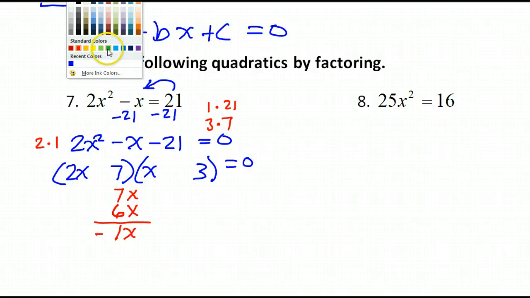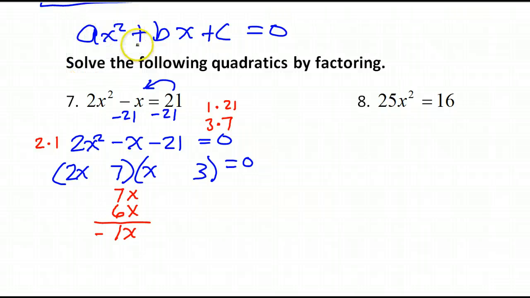I'll do purple. If I want the answer to be negative, the bigger number needs to be negative. So negative 7 and positive 6 will make negative 1. There's my negative 7, and this positive 3 would make the positive 6 outer.